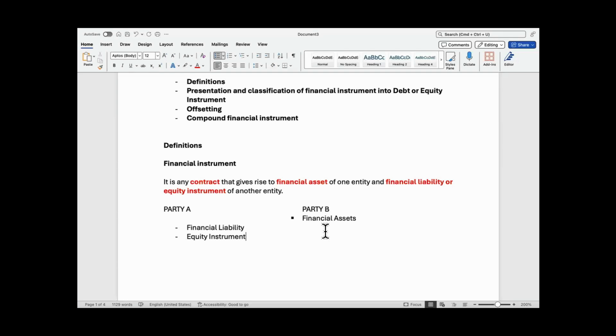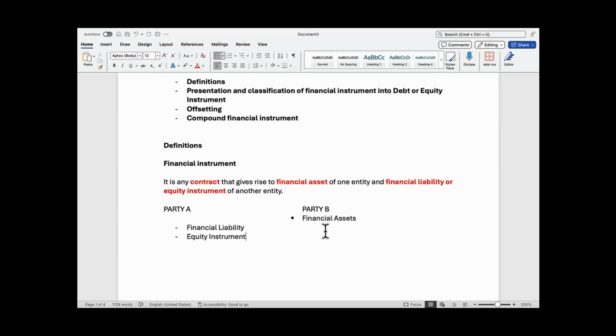And what are examples of debt instruments? Then we'll be talking about loan notes, debentures, commercial papers, you have treasury bills, you have bonds, and all of that. These are examples of debt instruments.